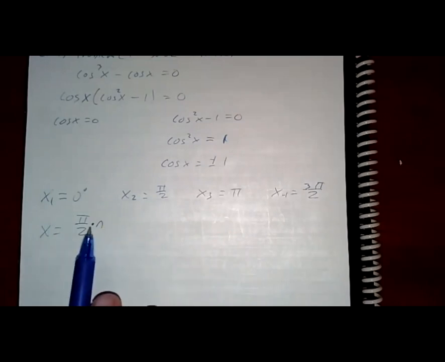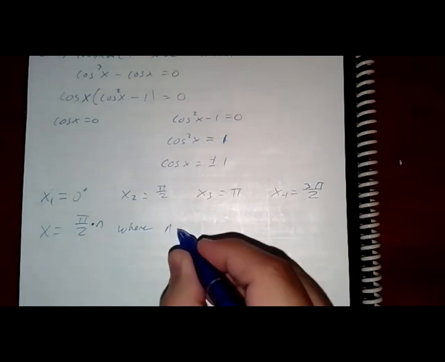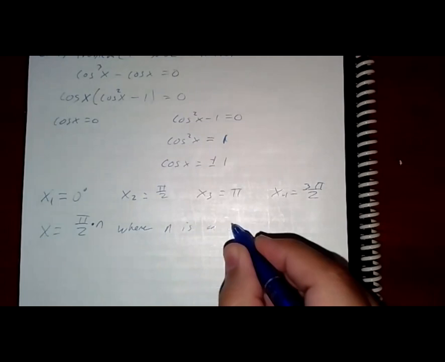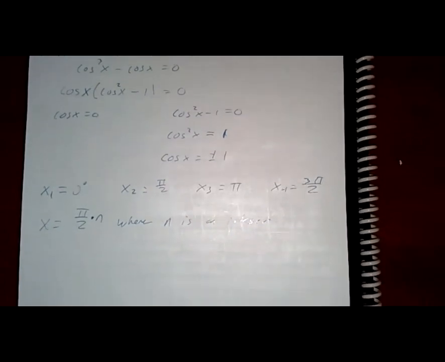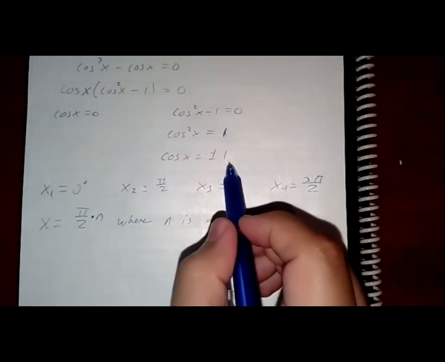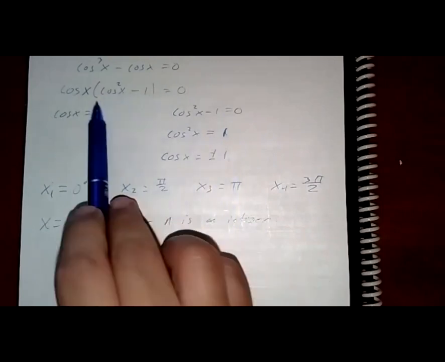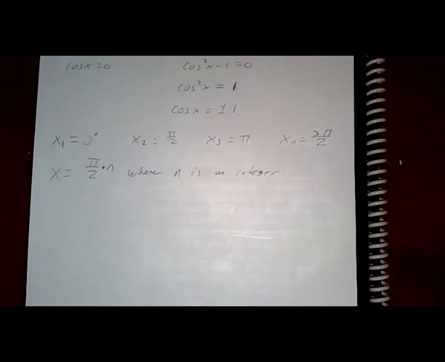So when n is 1, 2, 3, 4, 5, 6, it will land on those spots. Any integer, actually. Because we want to know when is cosine 1, when is cosine -1, when is cosine 0. Those are 4 different locations. That makes sense?